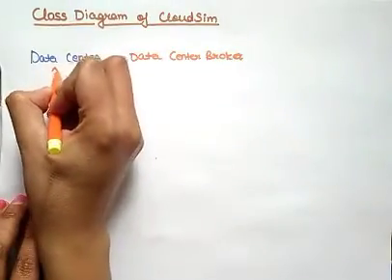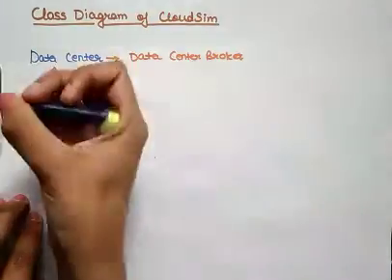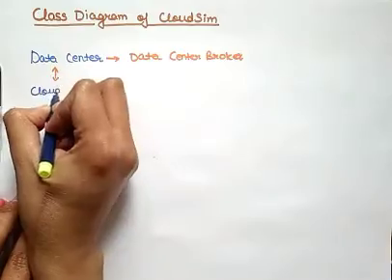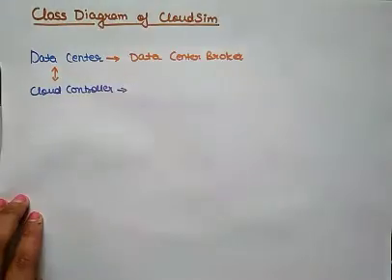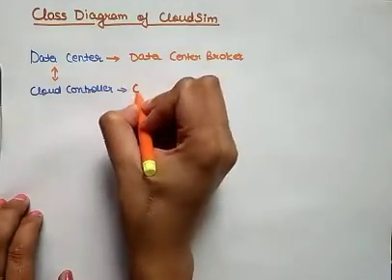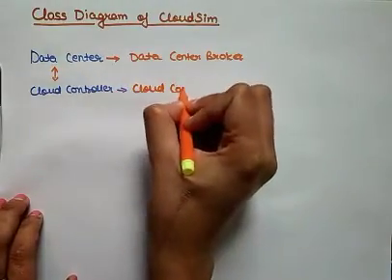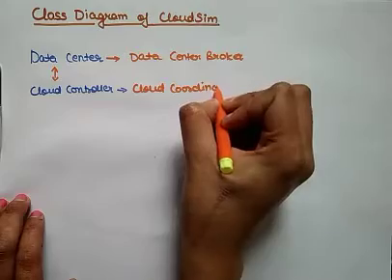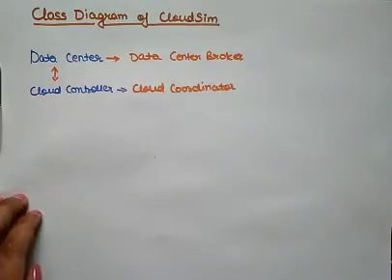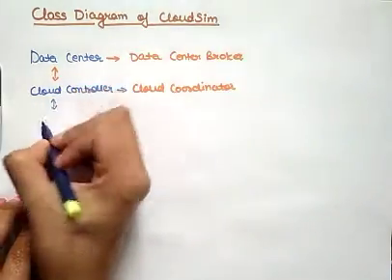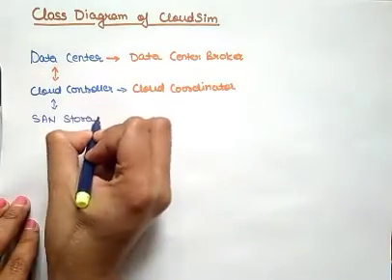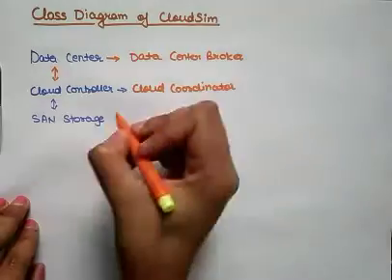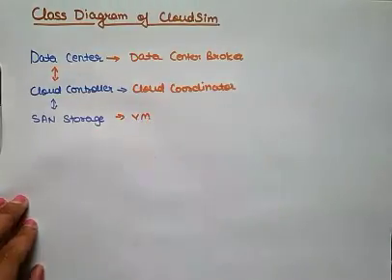And the second class we have is cloud controller. Under this the cloud coordinator works. The next class we have is SAN storage, and under this virtual machines work.